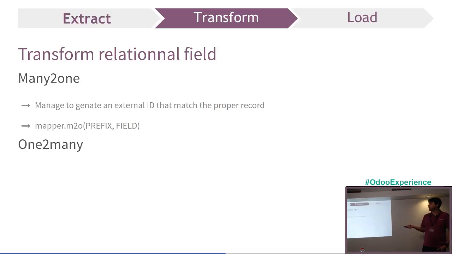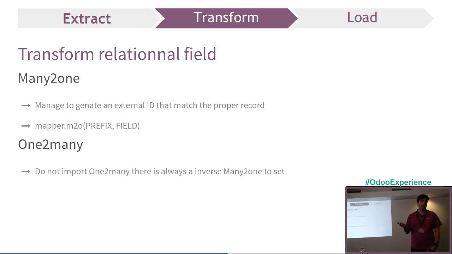And in my framework, there is a mapper for that. It's many-to-one. Basically, it uses a prefix, which is a constant, concatenated with the value of a specific field. For one-to-many, well, it's easy. Don't import one-to-many. There is always a many-to-one to import to set the value.